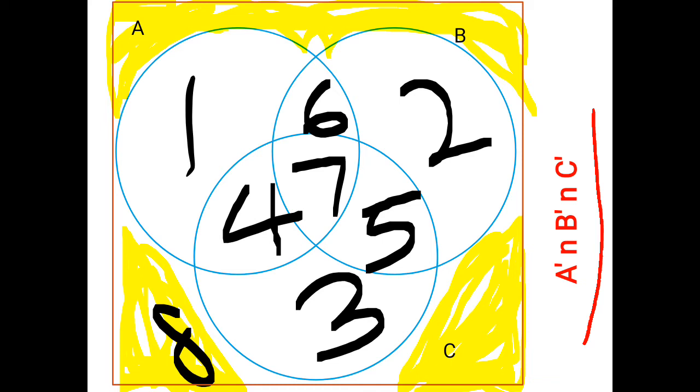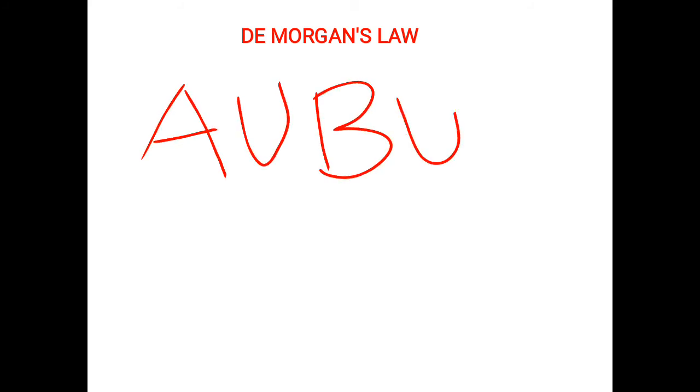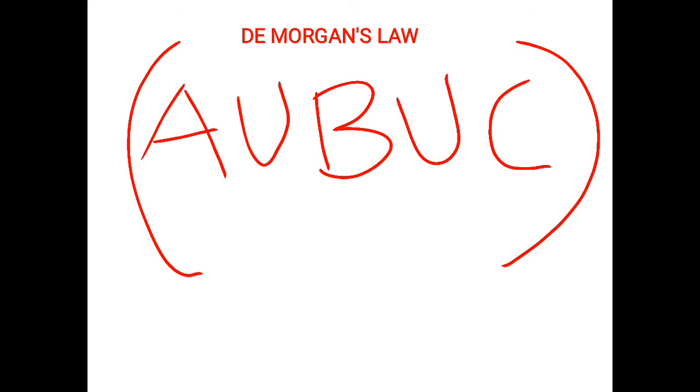A man called De Morgan brought a law which works. So maybe in another video we look at how De Morgan's law works. It is not only for 3 sets, but this is how it looks. When you look over here, A complement intersection B complement intersection C complement, De Morgan's law says that it can be written as A union B union C, all complements.